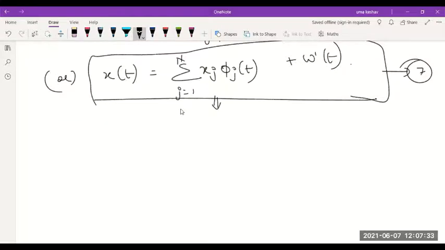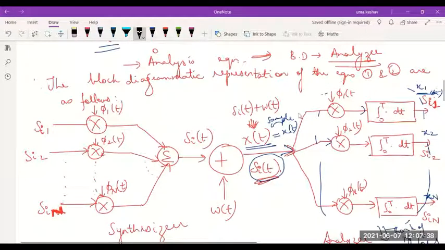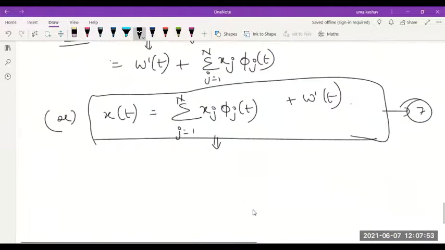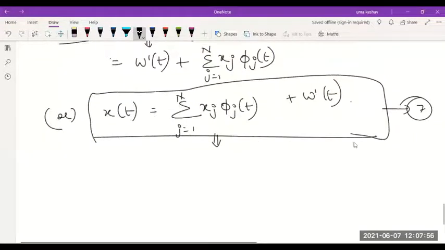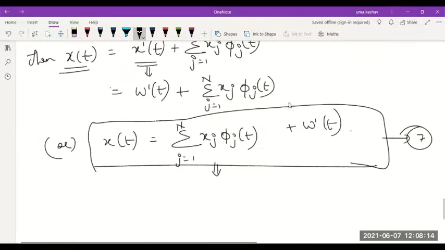We have drawn this in the analyzer. Remember, the analyzer includes what? Product of the received signal x of t with the orthonormal basis function phi j of t and that integrated in the range 0 to t. That's what we have considered in our final equation, and summation of all that plus the summation of the processed white noise. W dash of t, which is given by this equation, W of t minus summation Wj into phi j. This is processed white noise in the correlators or in the bank of correlators.